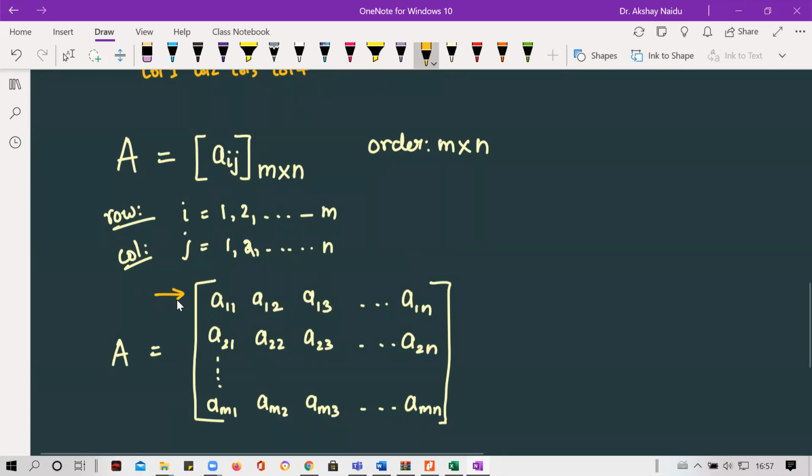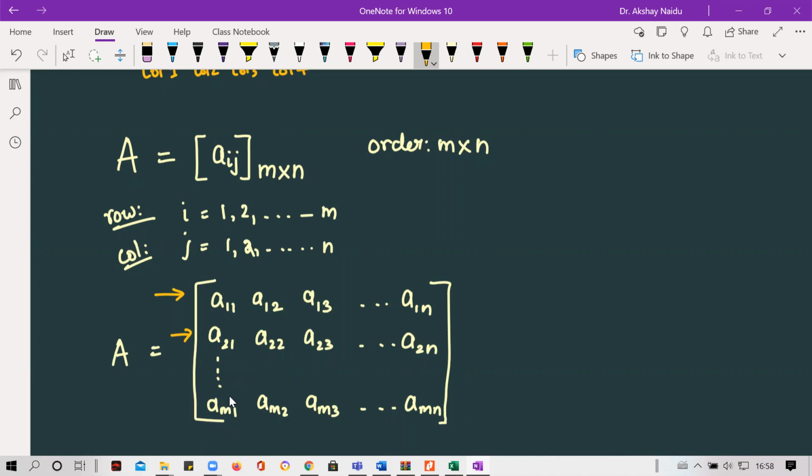You see here, in this row, all the elements have the first subscript as 1, meaning it is row 1. In the second row, the first of the two subscripts ij, so i represents the row, all the elements have the first subscript as 2, and so on, and the last row has all the first subscripts as m.